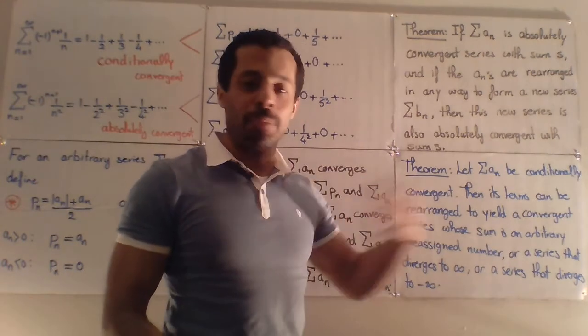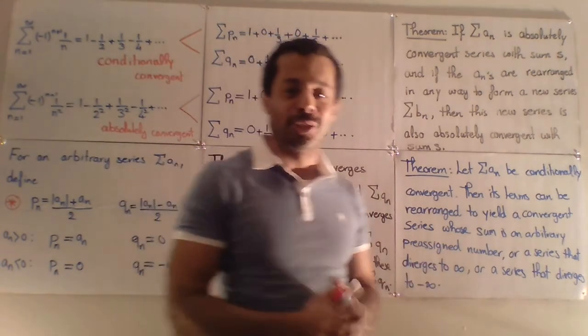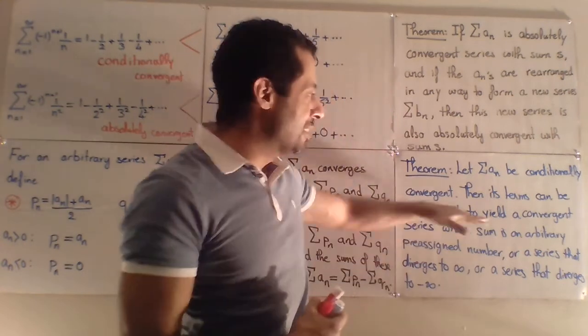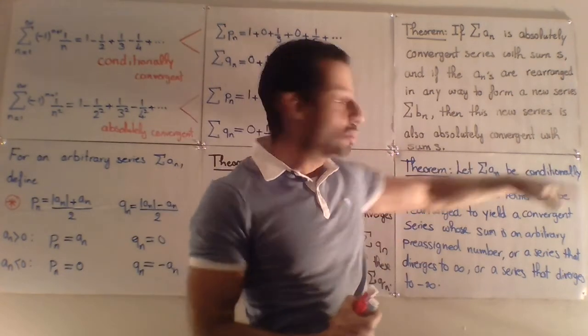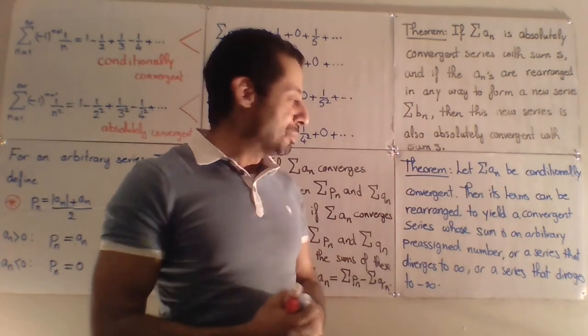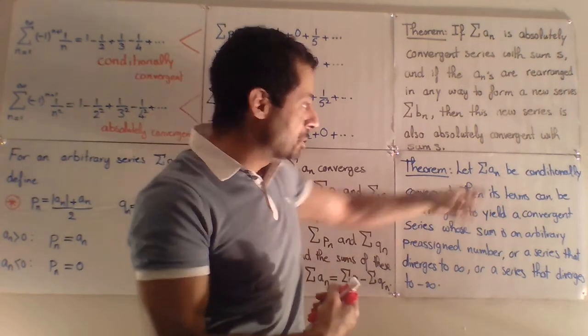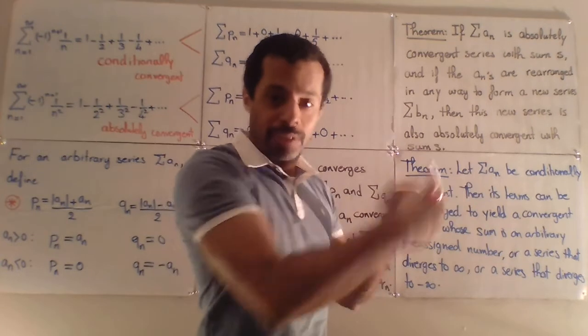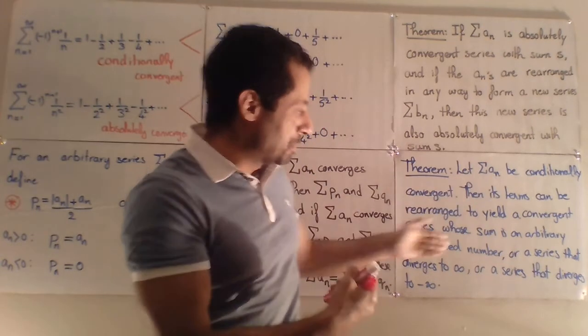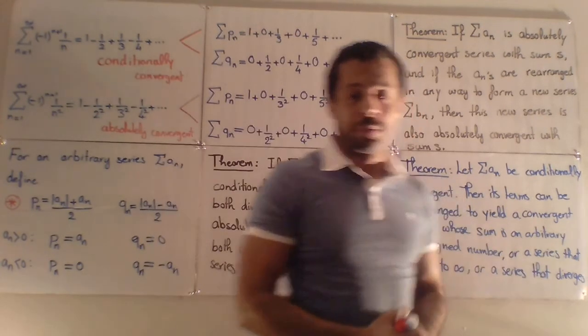A number positive or negative, rational, irrational, whatever you want, I can rearrange the terms of a conditionally convergent series into a new series whose terms are exactly these terms but in a different order, with sum equal to the given number.